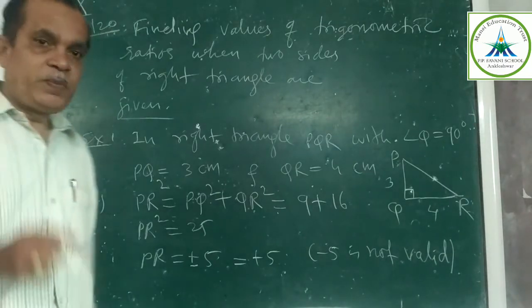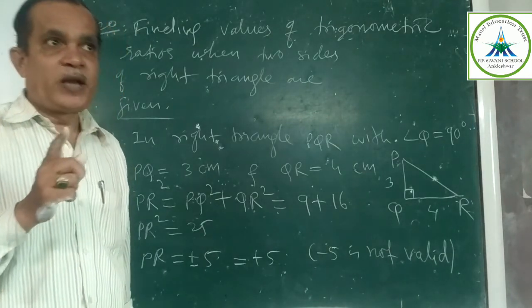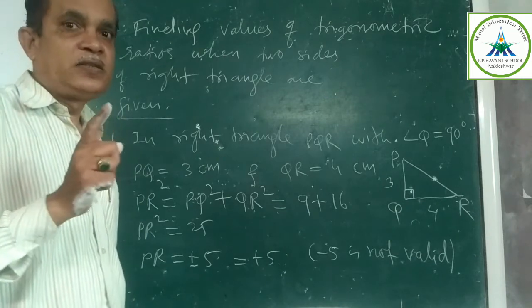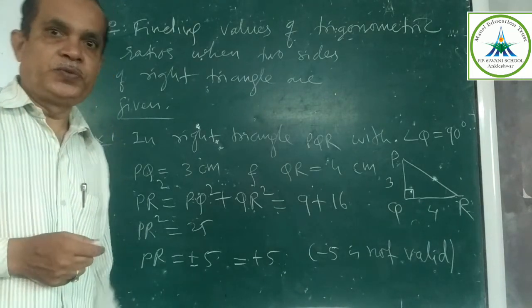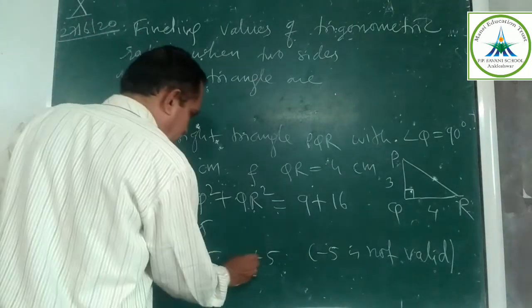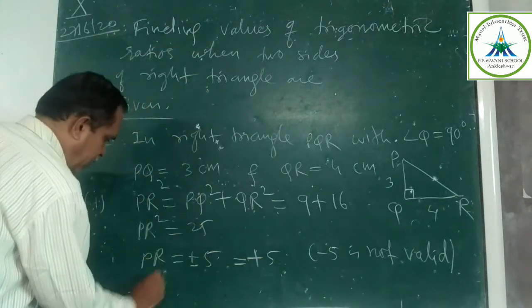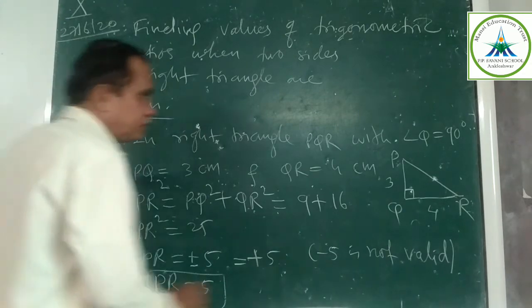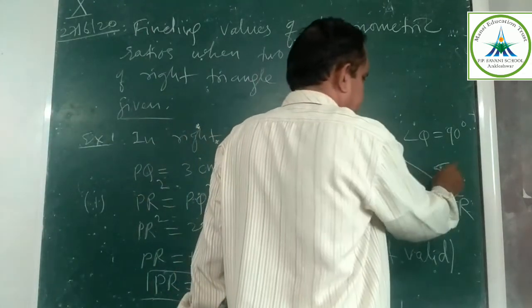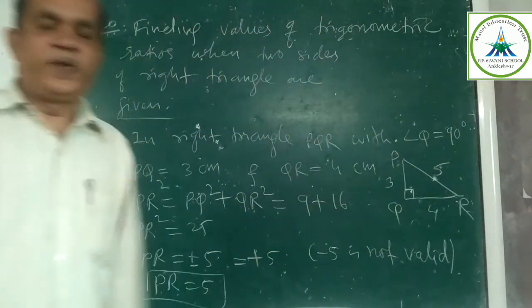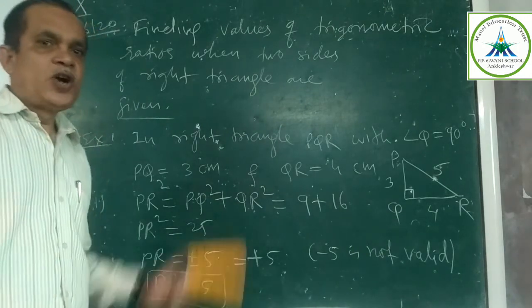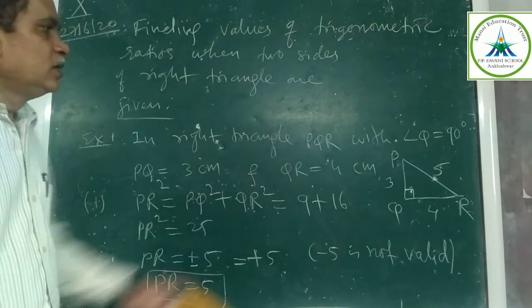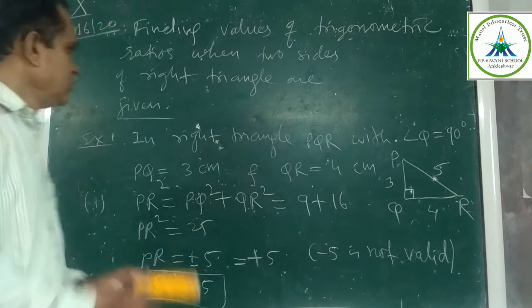See, we don't take minus 5, but we should not forget that minus 5 is not considered as length is always positive. Okay. So this is very important. See, we got PR will take 5. Now, very easy. We will find all ratios for the acute angles.